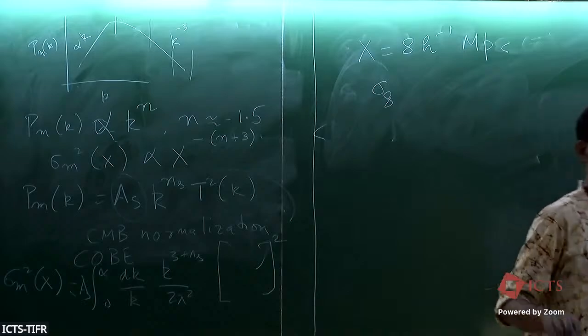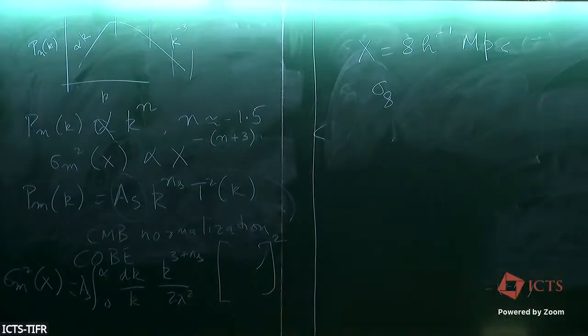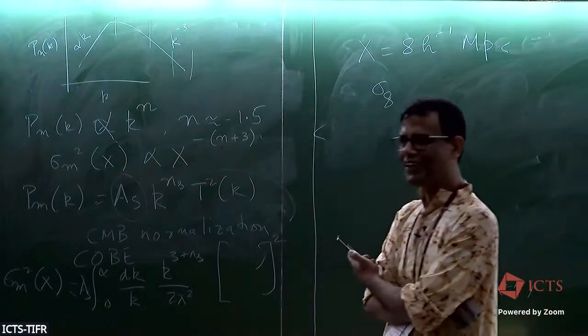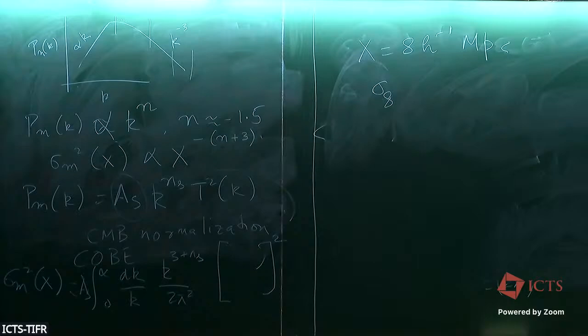So that fixes the amplitude of the power spectrum. I don't know in the simulations which you are running, what kind of normalization was done. Did you specify sigma 8 or As when you did the cosmology? Most likely sigma 8, yeah. So that is how you do it.